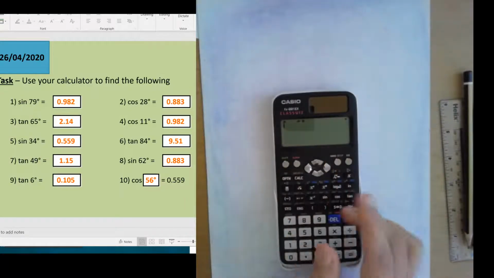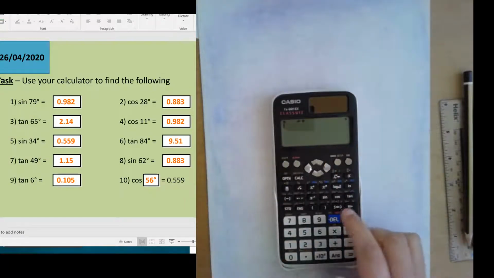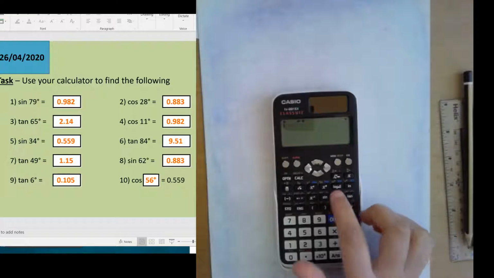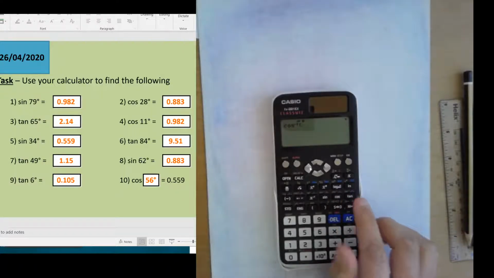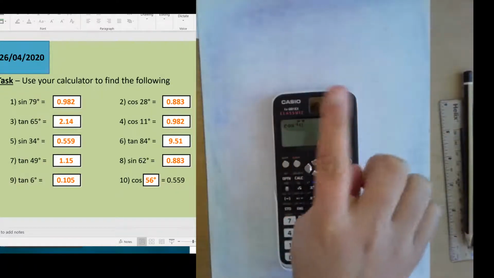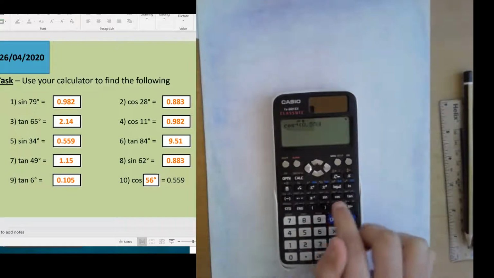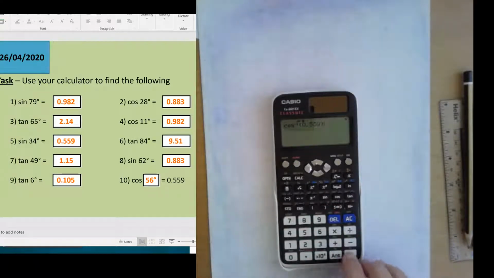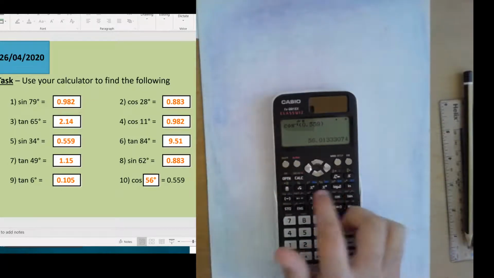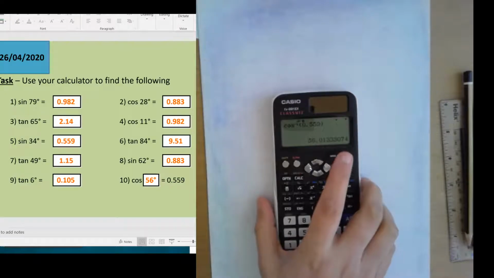So all you needed to do to find that last one was to do shift cos. So you can see it says the cos with the -1, so it's the inverse of 0.559. And then you would have gotten the answer of 56 degrees. Okay, so that one was a little bit of a trick one put in, but it was just to see if you used your own initiative for that.